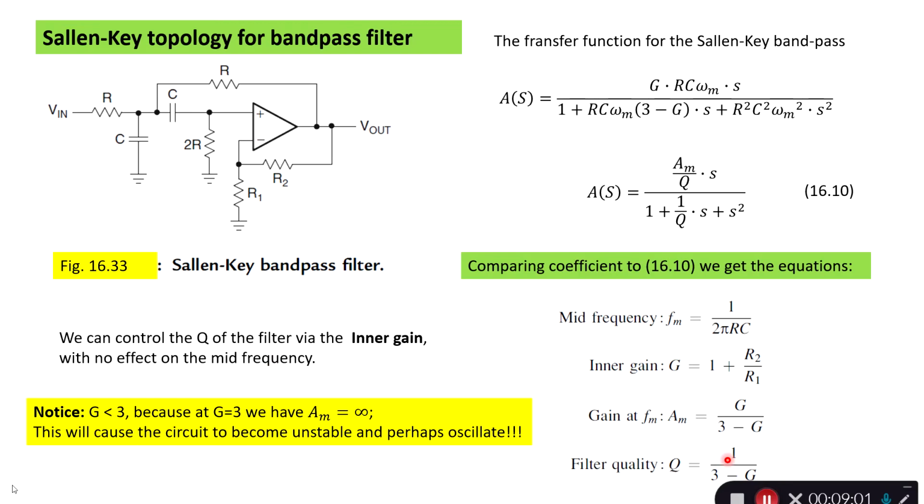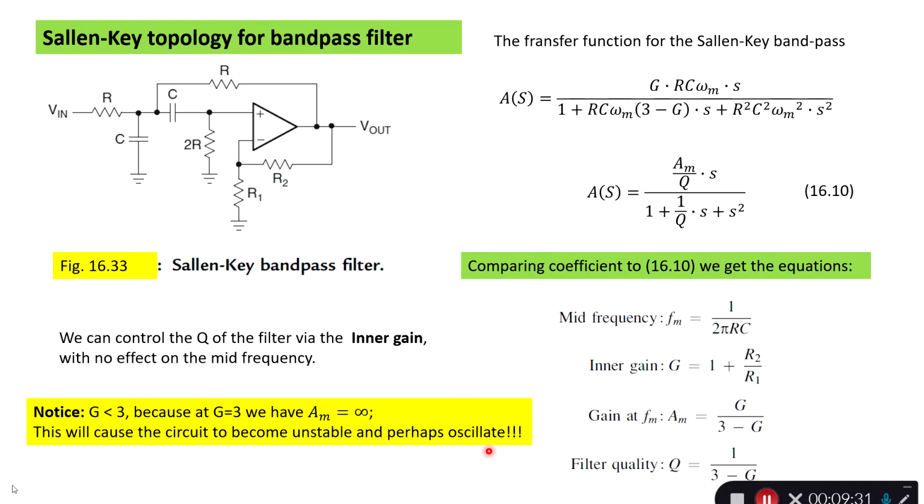But we have to be aware, this is the gain at our mid frequency. If this G here becomes 3, we have 0 here, and then the gain goes to infinite. That is not very good, because then our circuit becomes unstable and could either oscillate or go to one power supply rail.